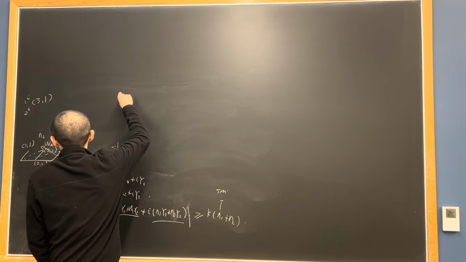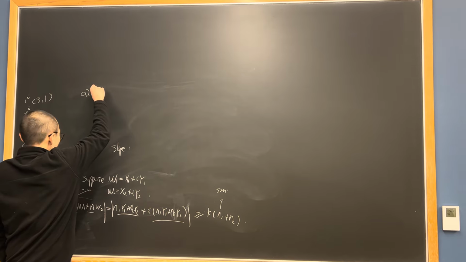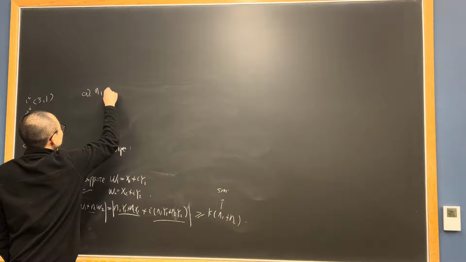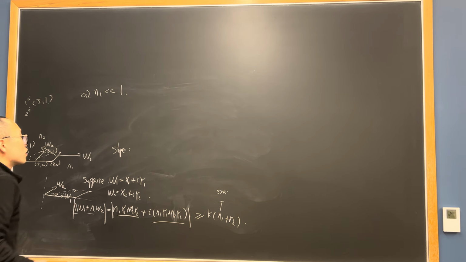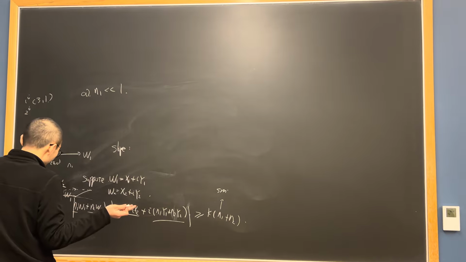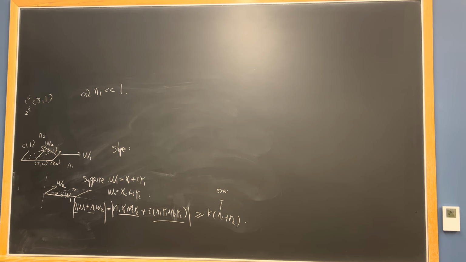Let's break it into the first situation, condition A: if this n1 is small, then you have n2 very big, right? In this case, how will this behave?